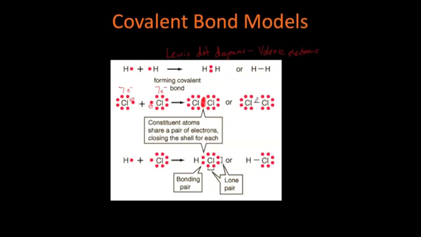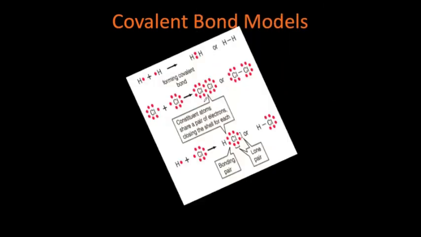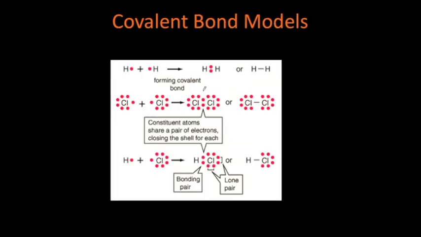It can be written like this. You can see it's written with the dot structure or with the stick structure, the ball and stick structure, except it's also indicating the valence electrons as well.